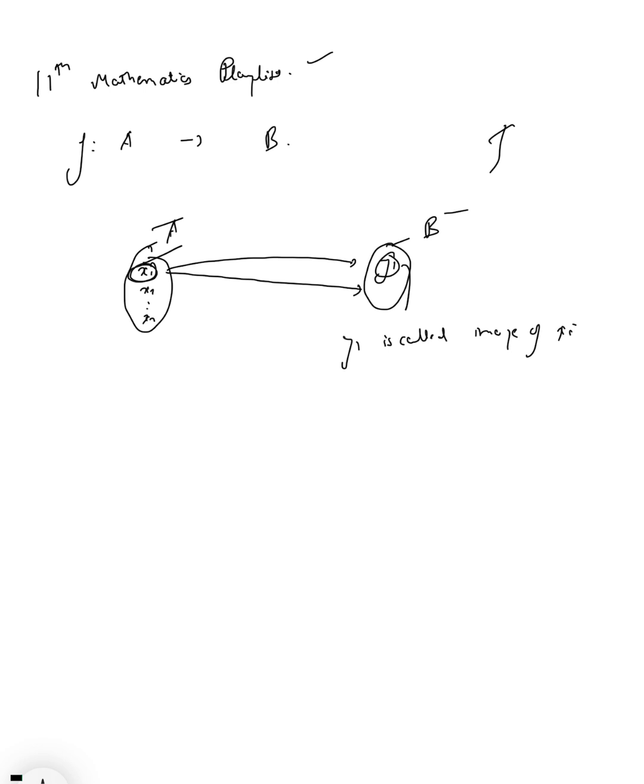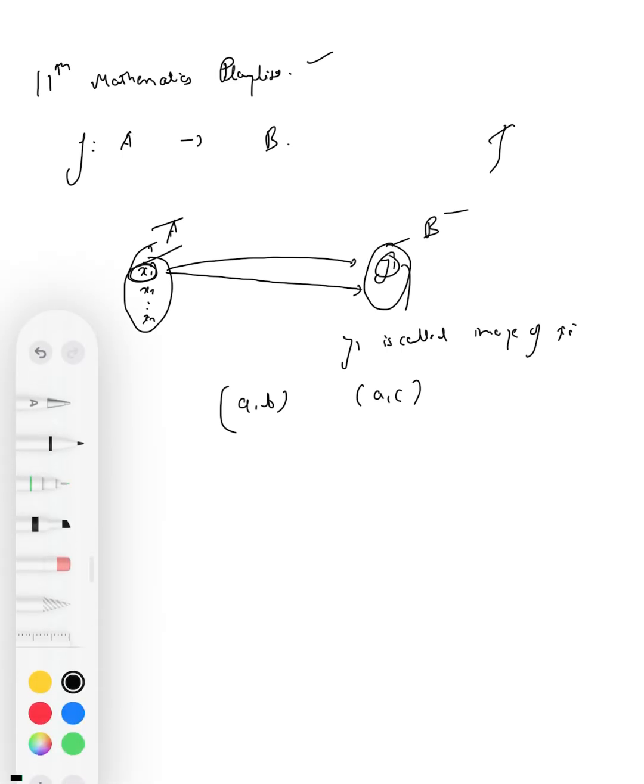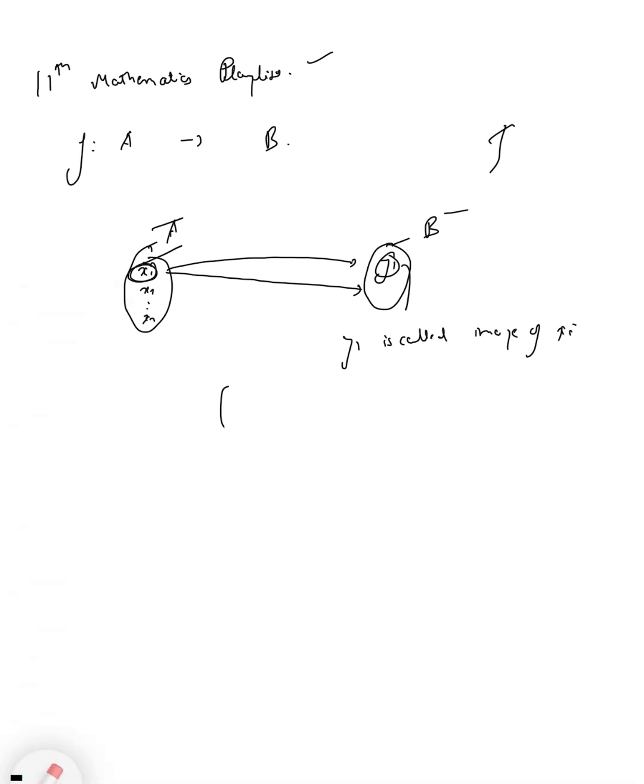For example, if we have (a, b) and (a, c), let me write it so you don't get confused. If we have (x1, y1) and (x1, y2), then y1 must be equal to y2. It says that your x1 can't be mapped to both y1 and y2. I think I made my point clear, and this must be unique.